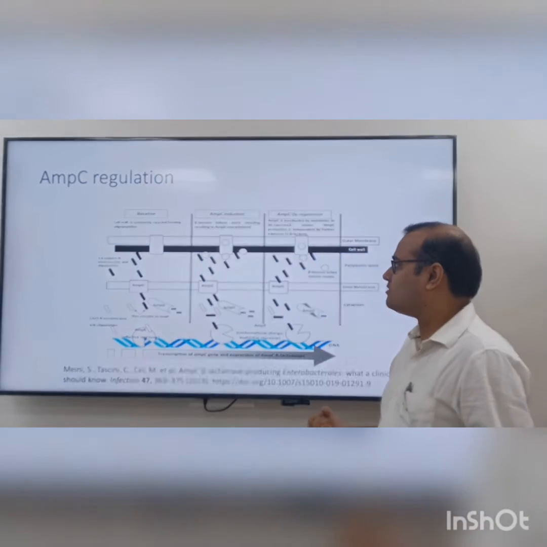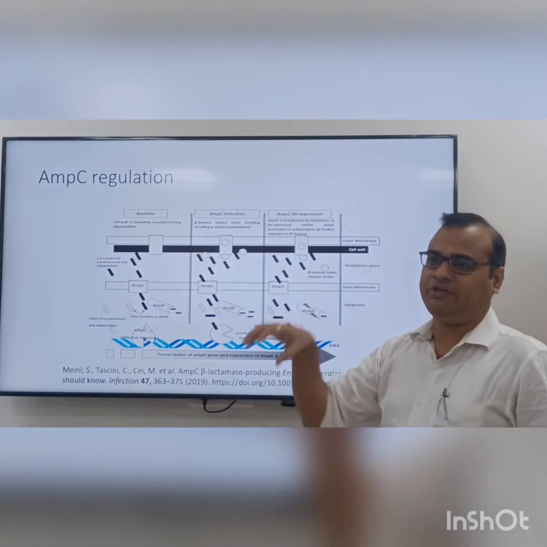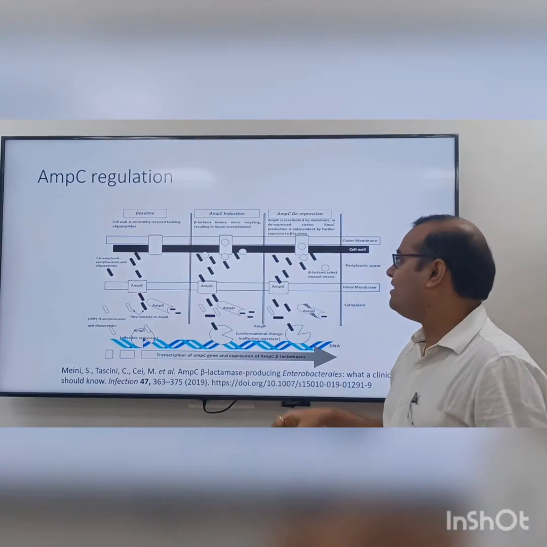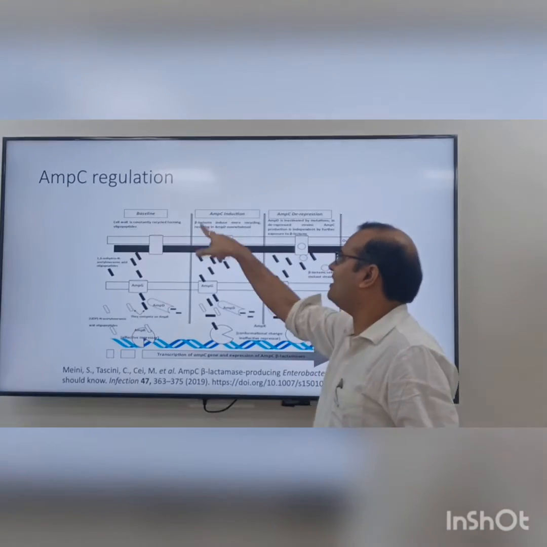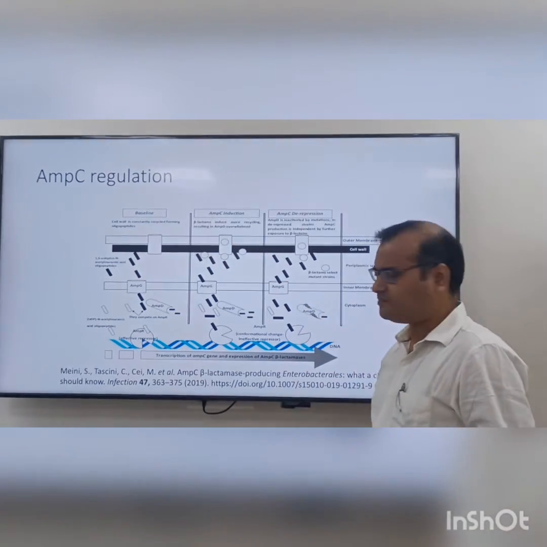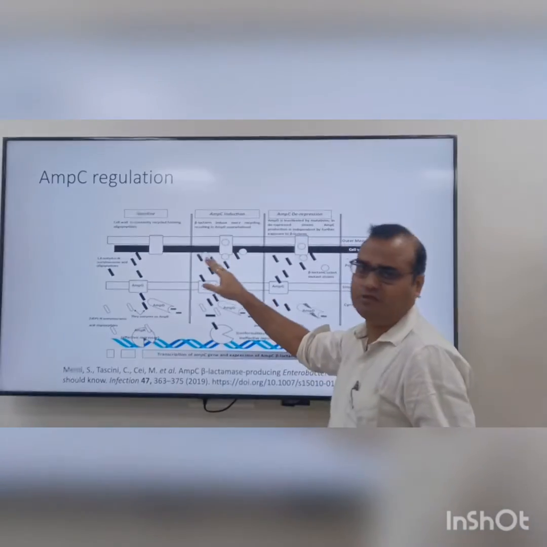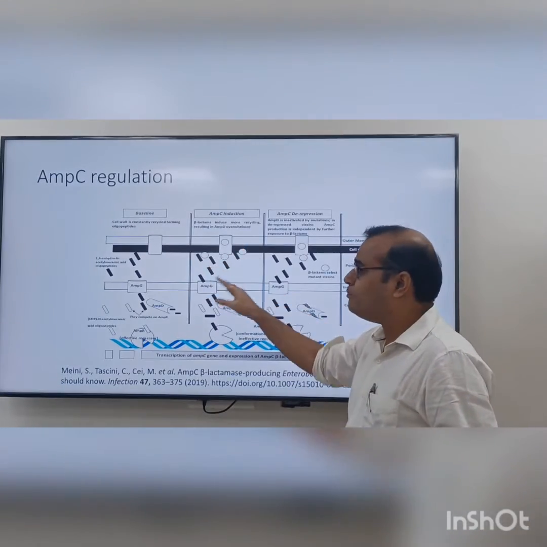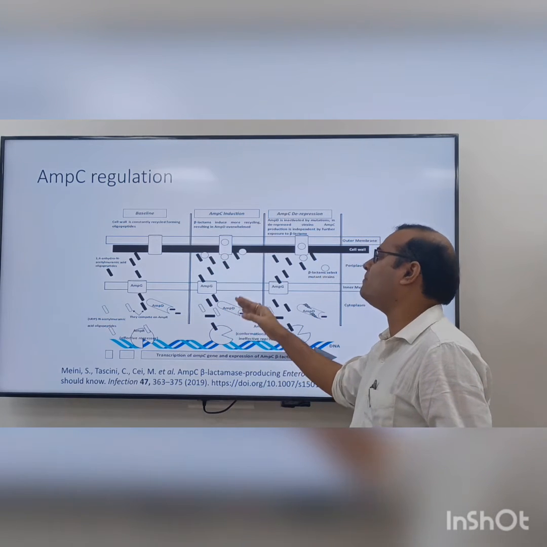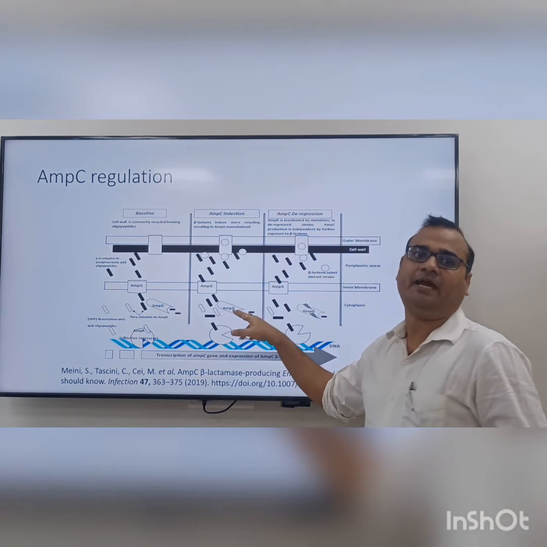Now what happens when an inducer comes into play? This recycling will be more, and more neuropeptides will be generated. These extra neuropeptides will not be able to be handled by this AmpD gene.